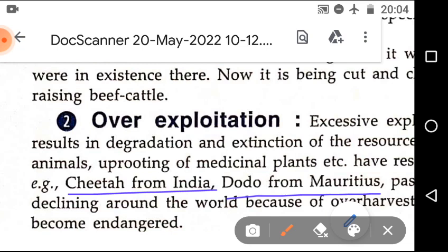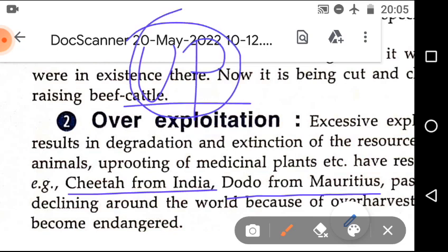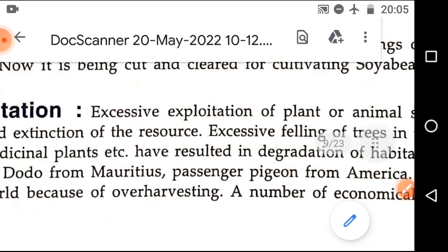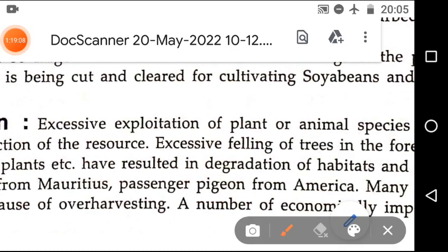One animated film shows the dodo; the name of the film is Up. It is a cartoon film where you can see the features and colors of the dodo. They made an imaginary design of how the dodo looks. You can also see it on the internet, but in black and white, not color. So the dodo has become extinct from Mauritius. Then the passenger pigeon from America has also become extinct.